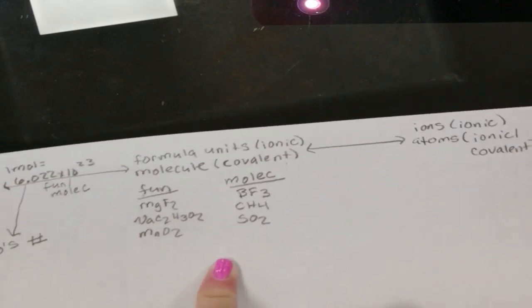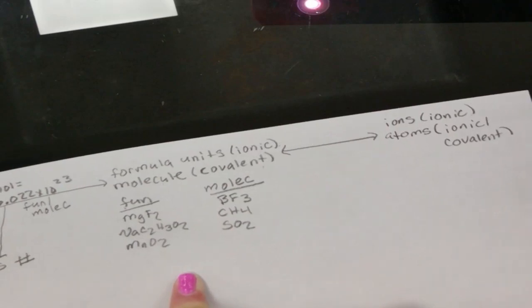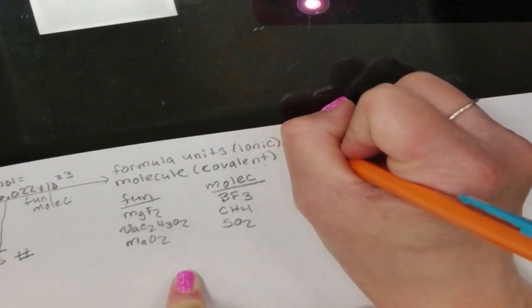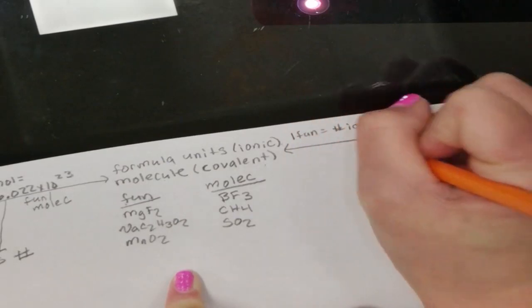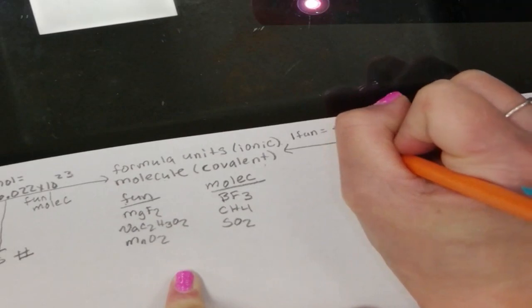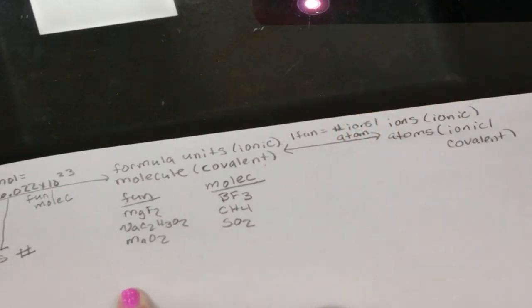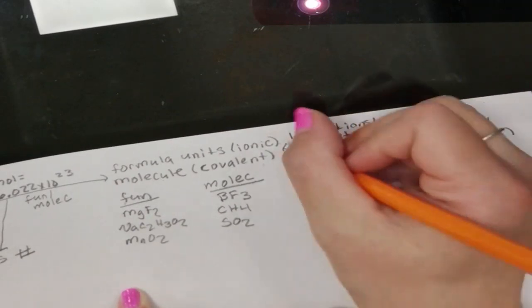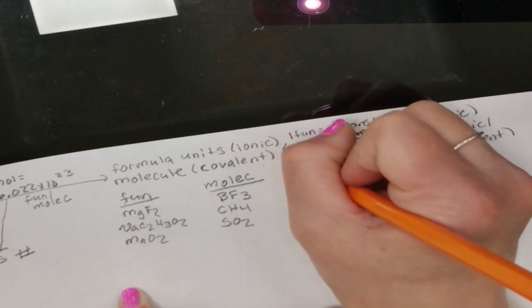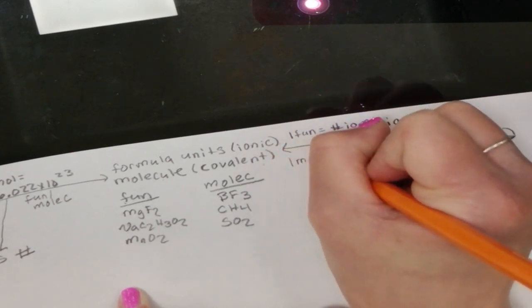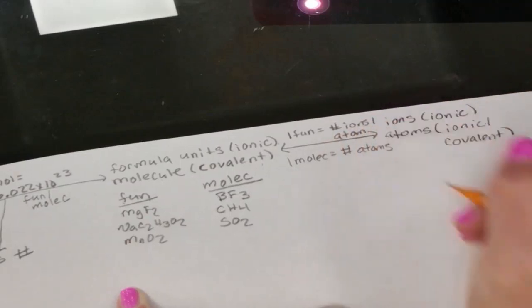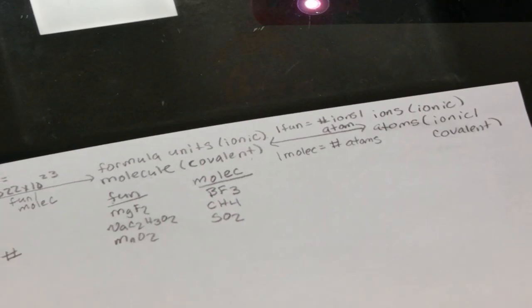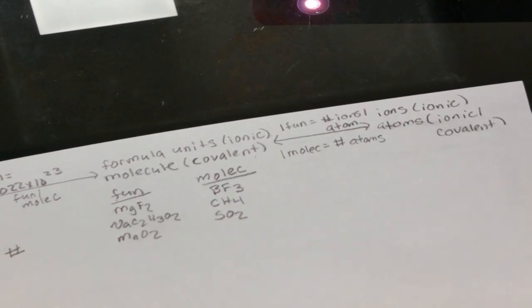Our conversion factor here is 1 formula unit will equal the number of ions or atoms, and if it is a covalent compound, 1 molecule will equal the number of atoms. So here's our flow chart. Let's do some practice and see if we can make this flow chart make some sense.